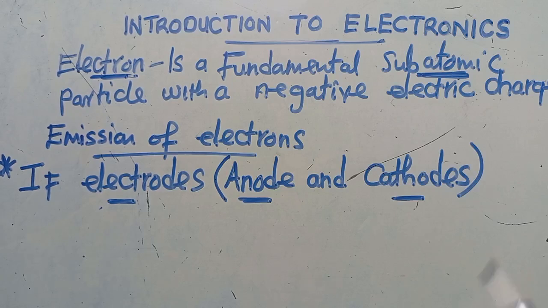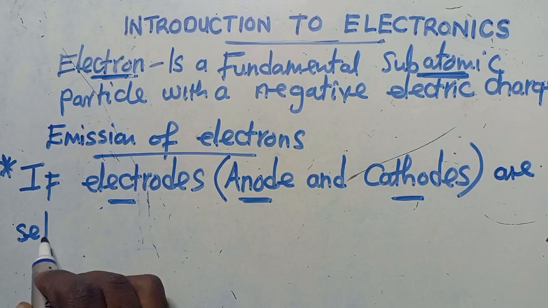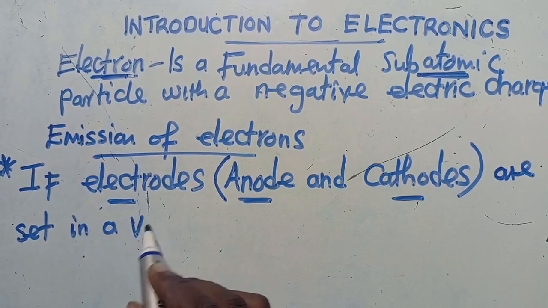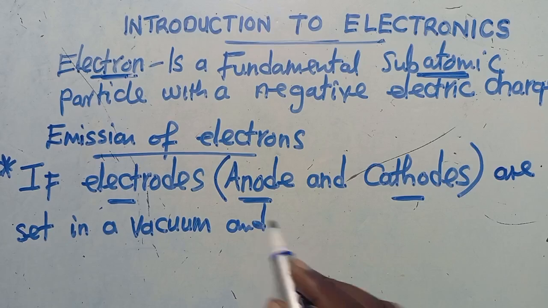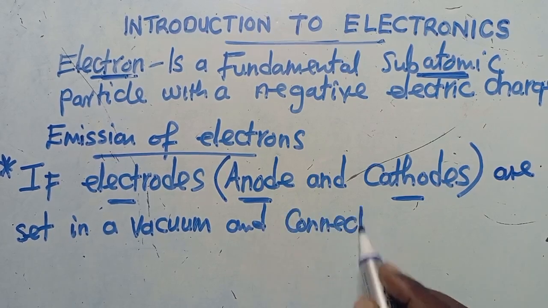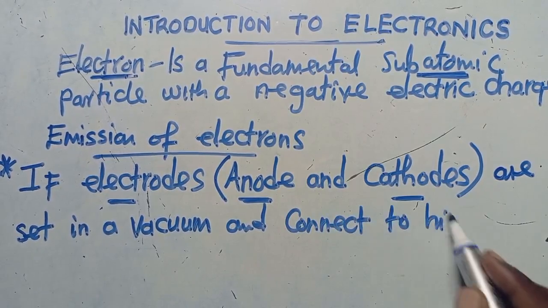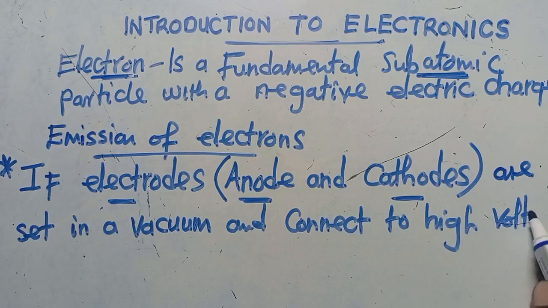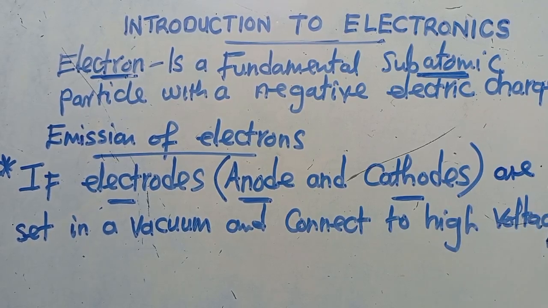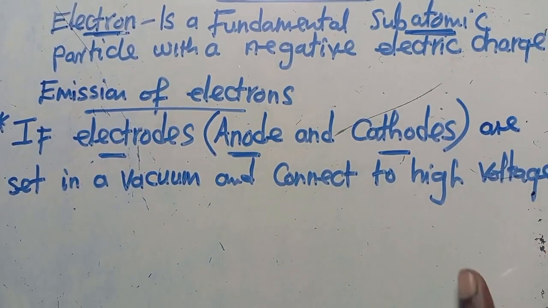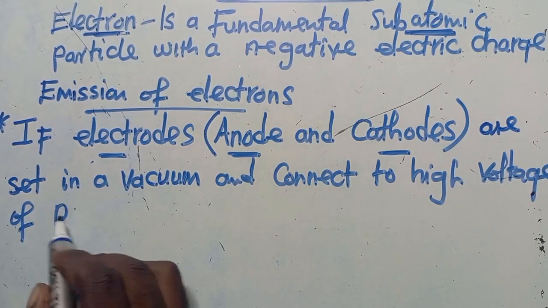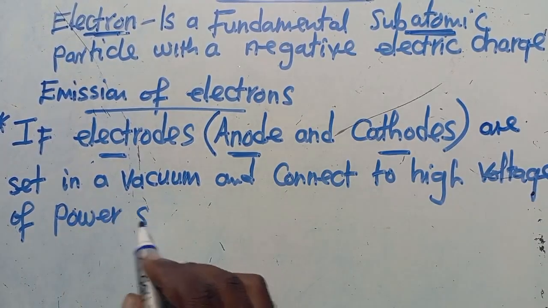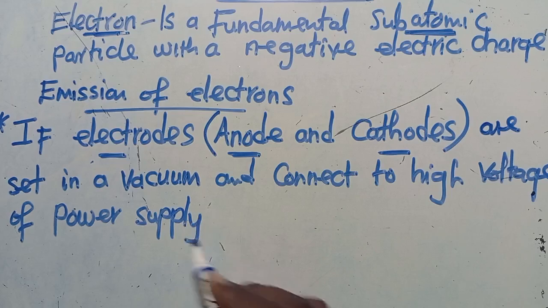If the electrodes are set in a vacuum, and we connect them to high voltage, when they are connected to high voltage of a power supply, there are certain things that you are now going to note.